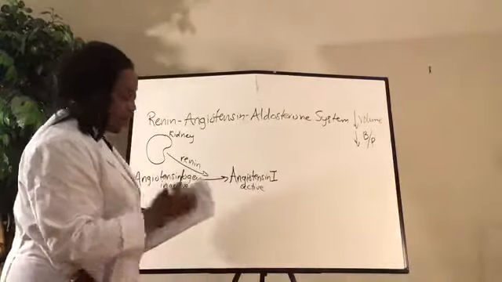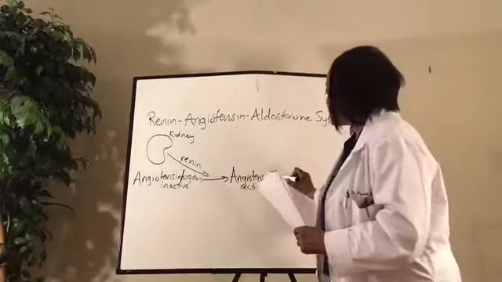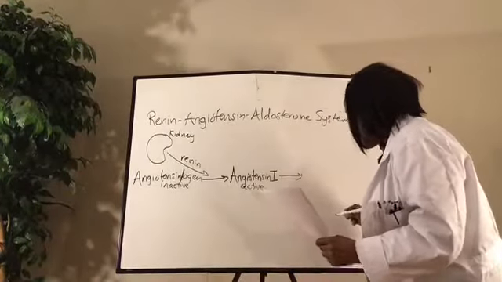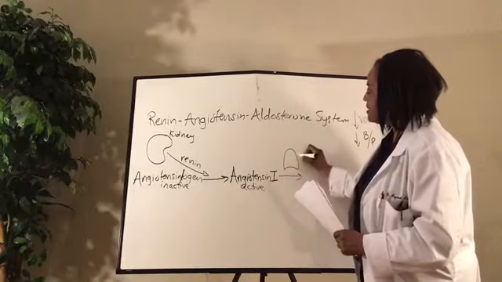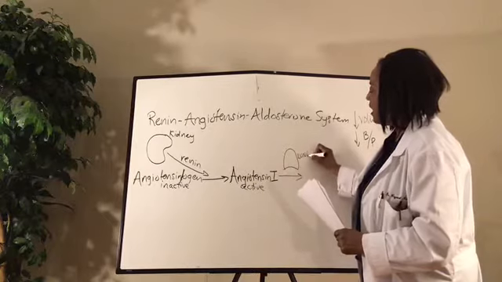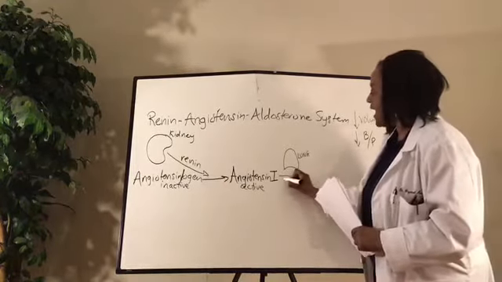Angiotensin 1 will then go and activate an enzyme in the lungs. So let me draw this, lung, I just put lung. There's an enzyme in there called ACE.